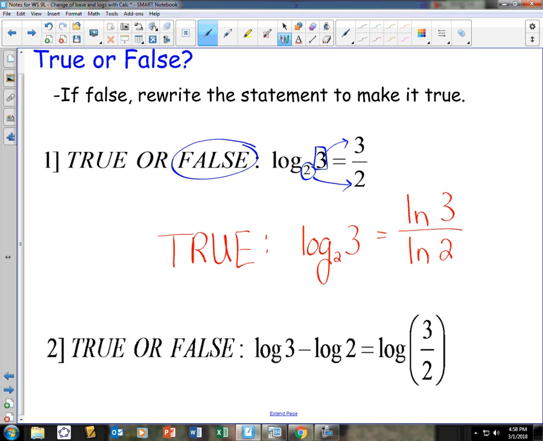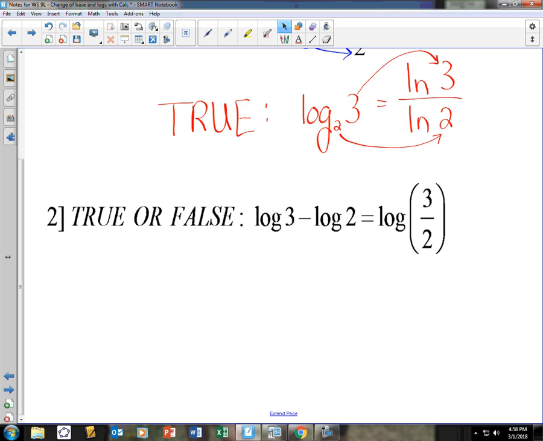All right, now for this next one, true or false? Log 3 minus log 2 is equal to log 3 over 2. Ooh, that's going back to our properties. So let's condense this. When we condense it, I do believe we can bring those two logs together, and the 3 and the 2 will actually divide.